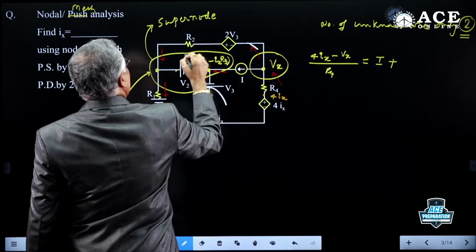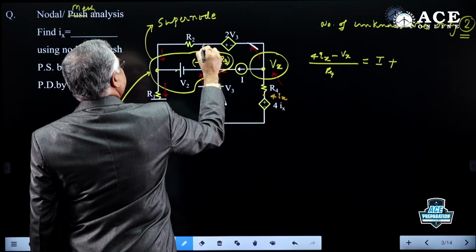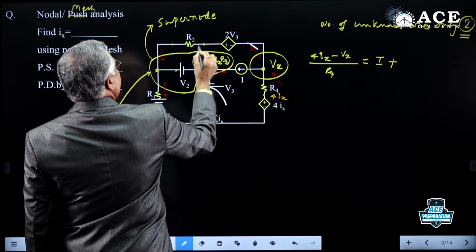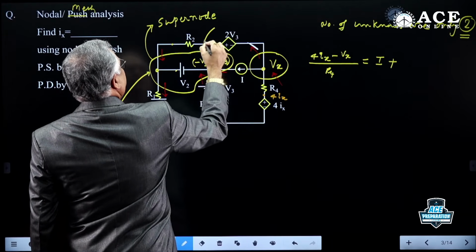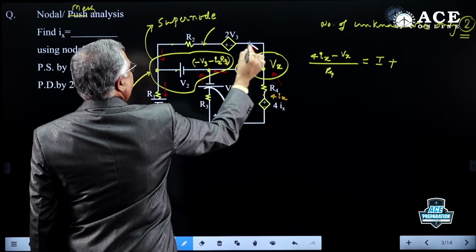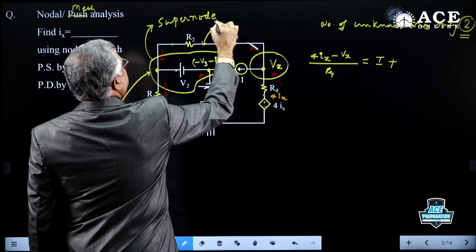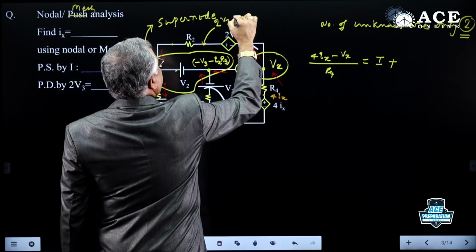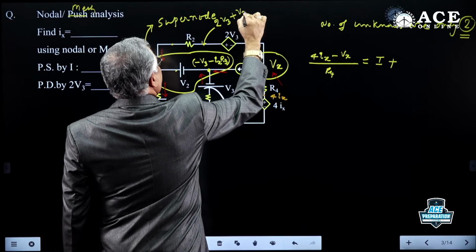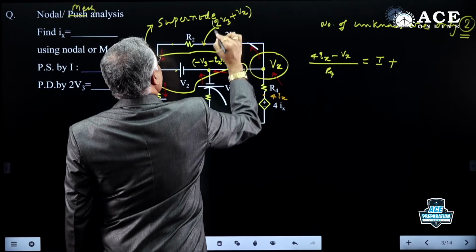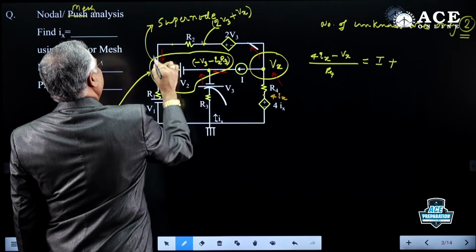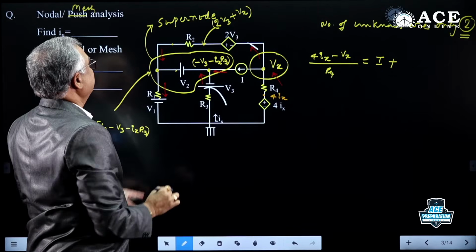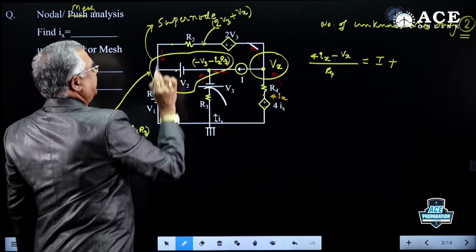Keep your attention on R2. Find voltage here, find voltage here. So what is the voltage here? Start here, go to ground. This is nothing but 2V3 plus Vx. That is the voltage here. Then what is the voltage here? Already there. This minus this by R2.